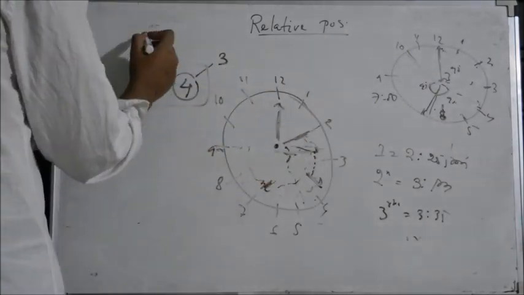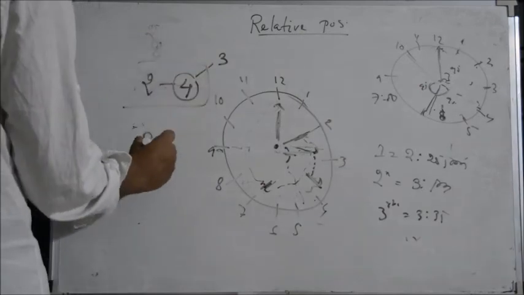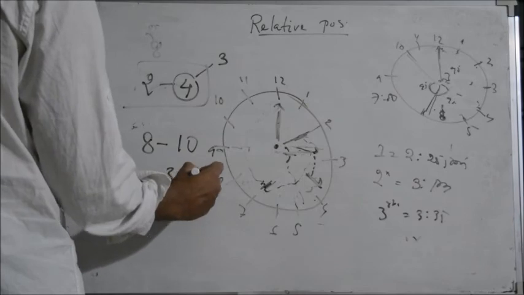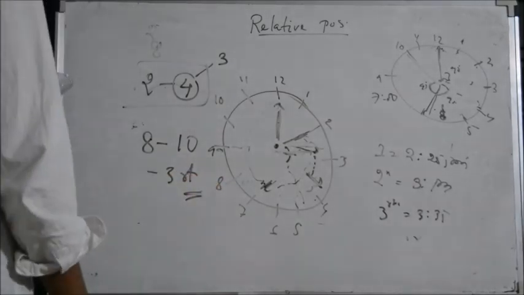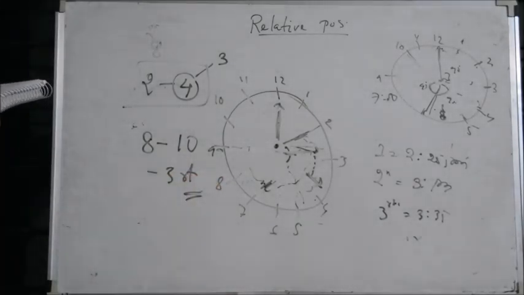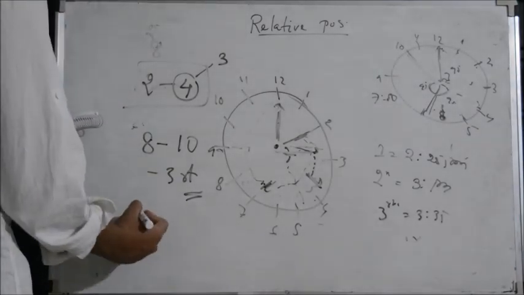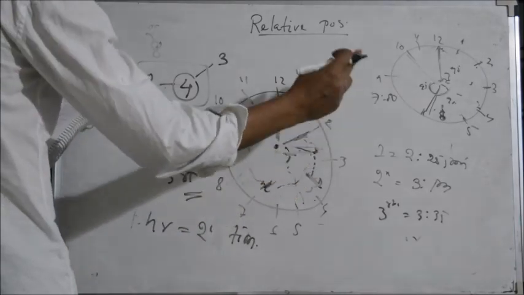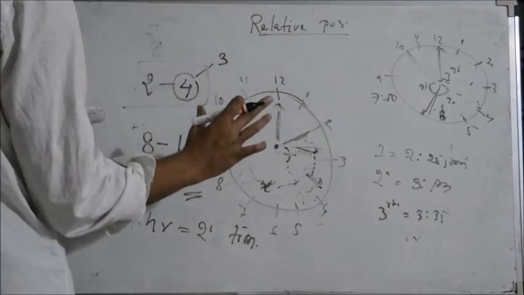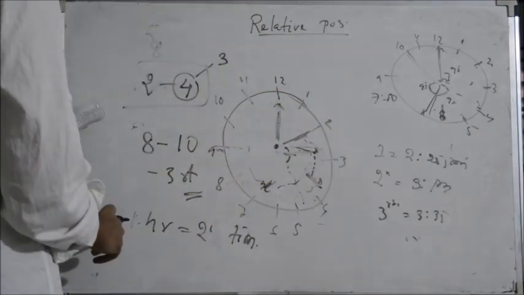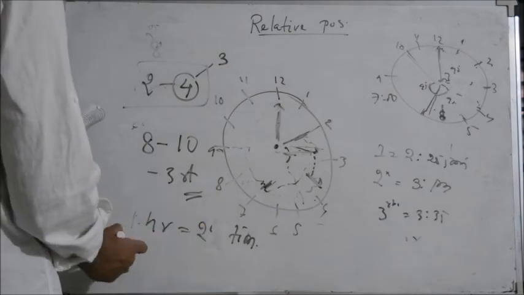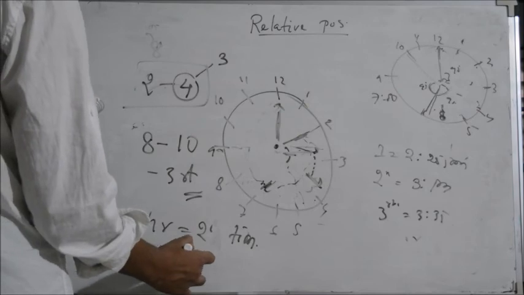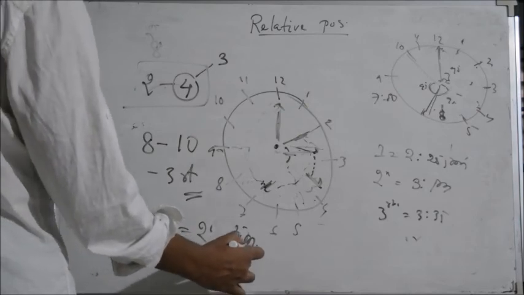Again, similarly from 8 to 10 o'clock we have only 3 right angles. Fine. That means now we know that in 1 hour we have 2 times. That is for the normal case, not the exception. Therefore in 12 hours we will have 22 times.